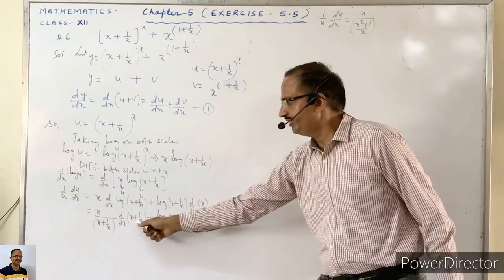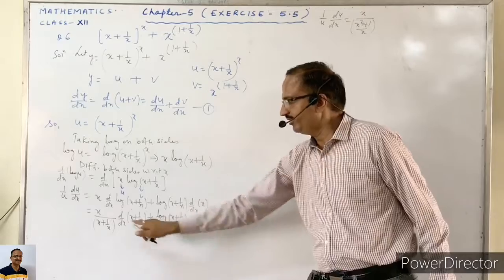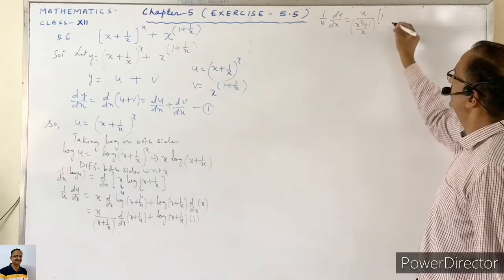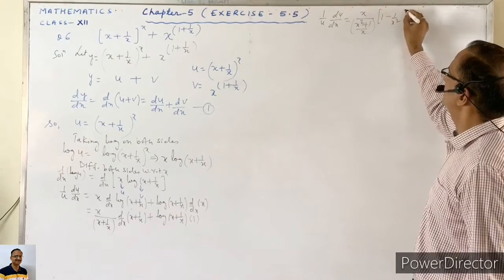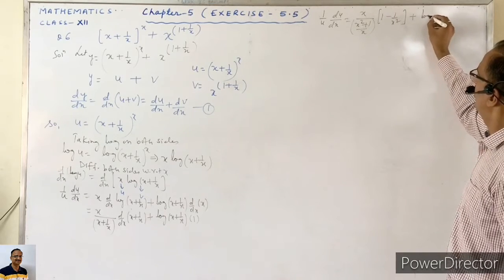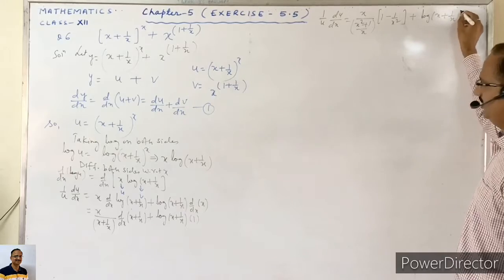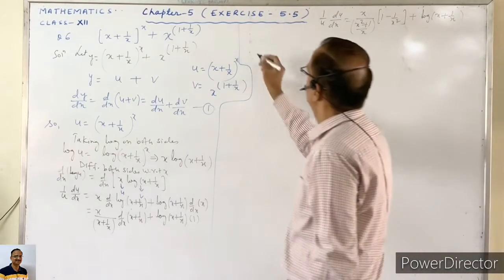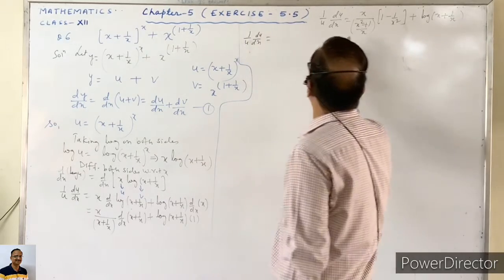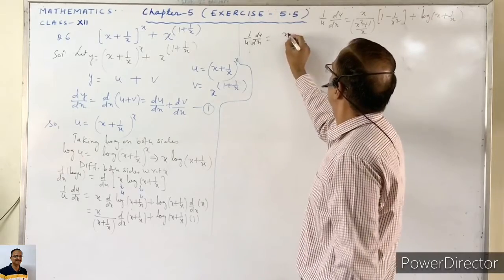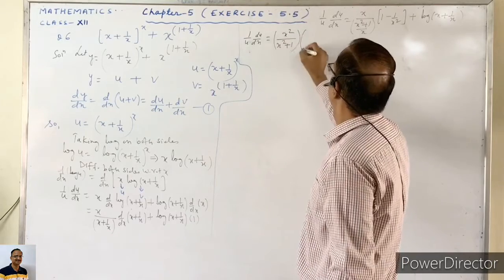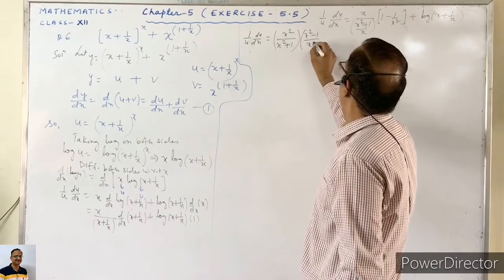Now the derivative of this: the derivative of x is 1, and the derivative of 1/x is minus 1/x², plus this is log(x + 1/x). Now the next step is (1/u) du/dx equals, this is x² by x² + 1, and this becomes (x² - 1)/x².